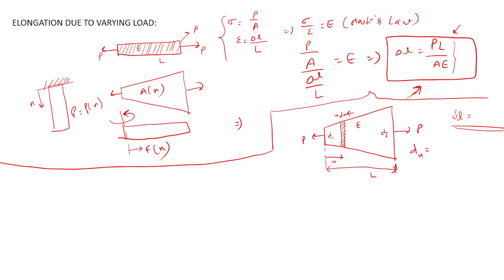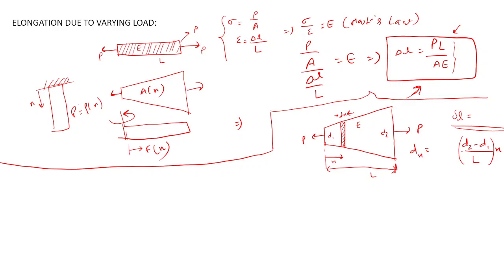The diameter increases from d1 to d2 over the distance L. So what would be the rate of change of diameter? d2 minus d1 by L, right? This would be the rate of change per unit length. For the x length you want to get the change, so simply multiply by x.